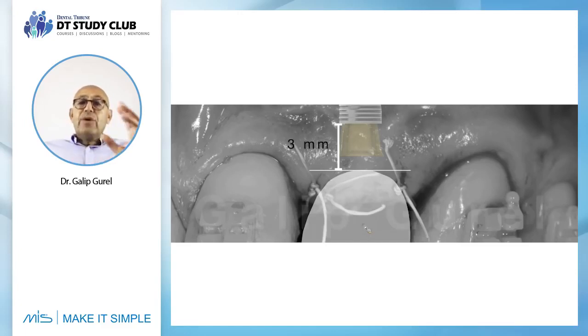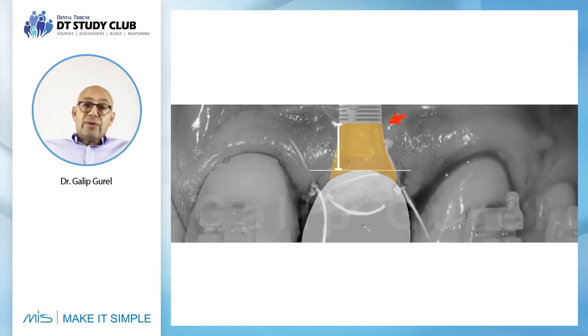Well, if we were not using the connect, we would be fighting, trying to mold all this emergence profile, adding composite, subtracting composite, adding, subtracting, trying to find the correct way.